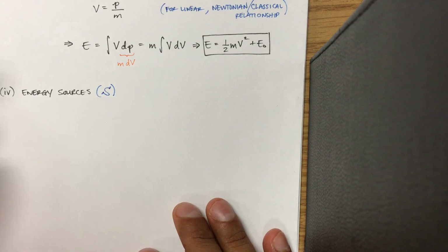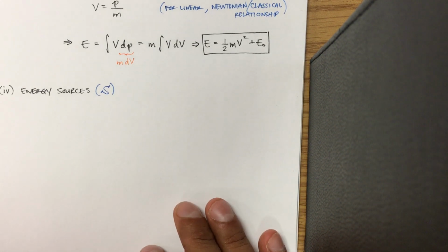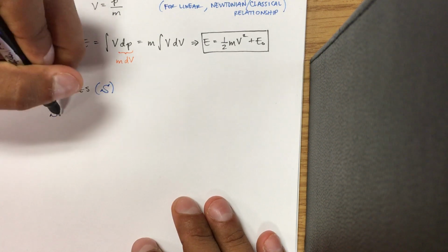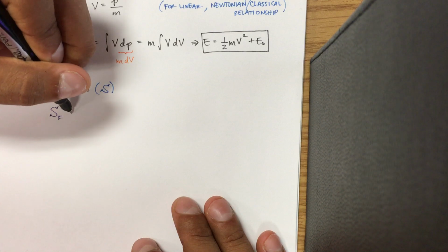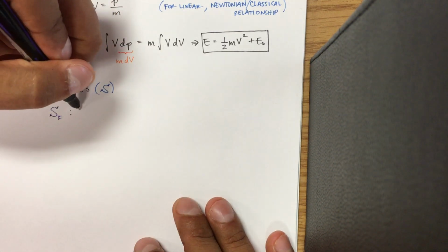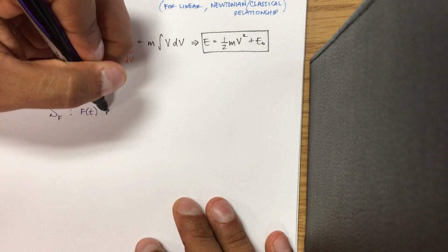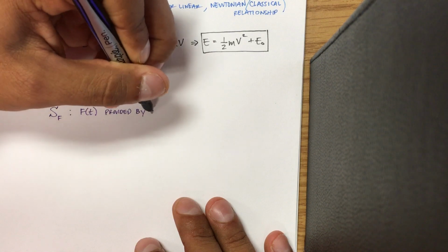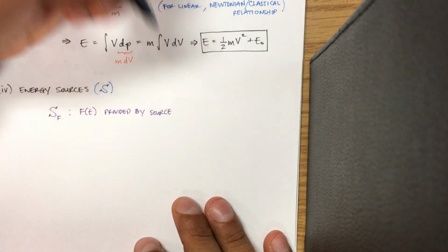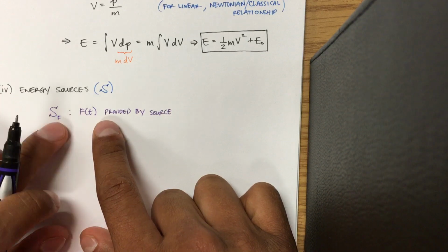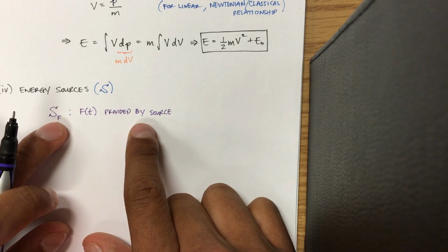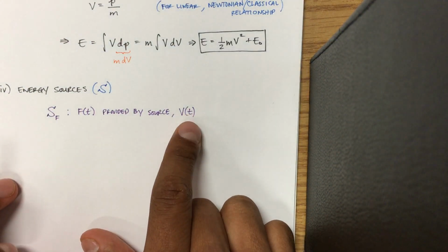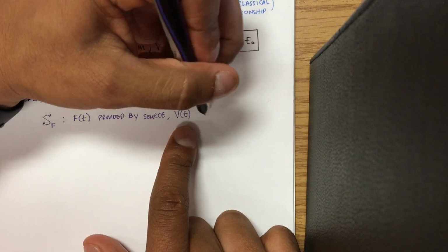All right, and so we will have an SF. So F of t is provided by source. And so if F of t, or our effort, is the source, then that makes our flow variable, V of t, arbitrary.